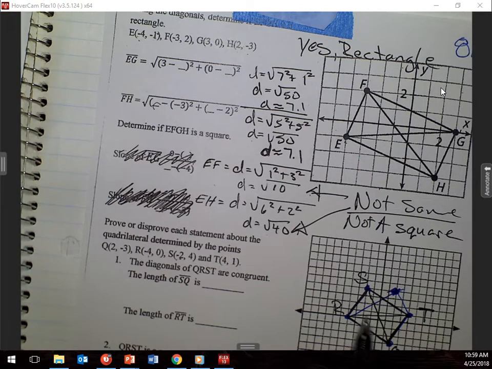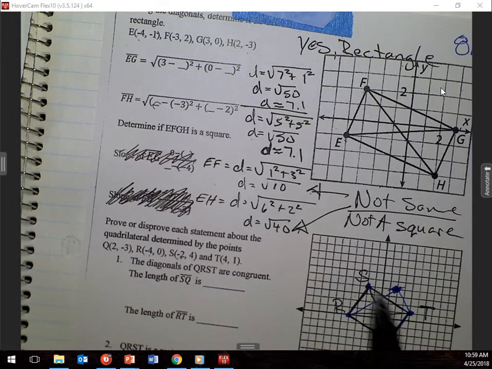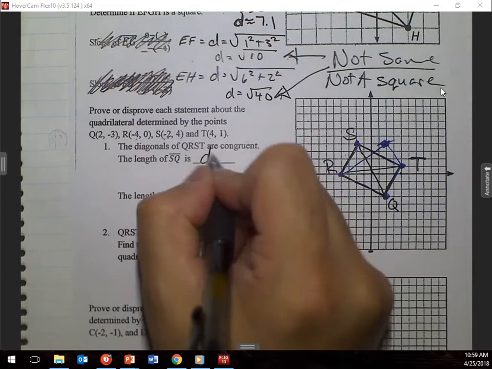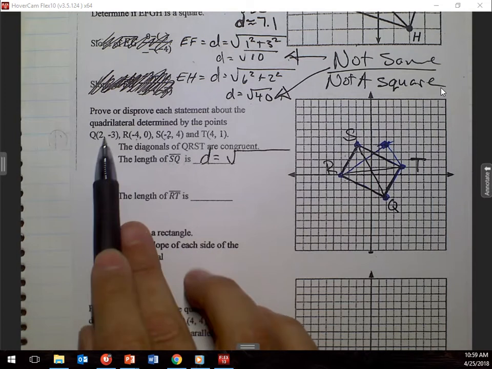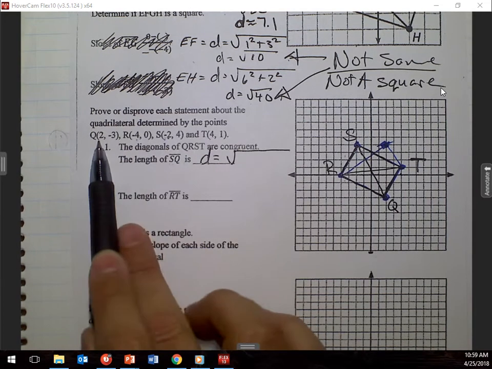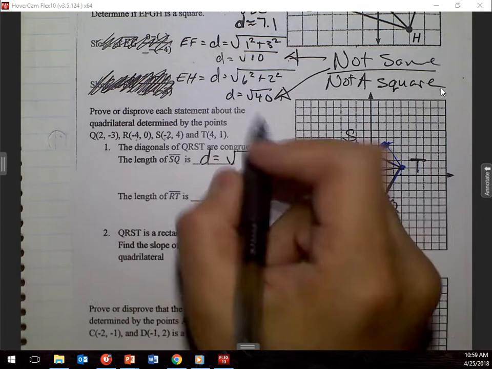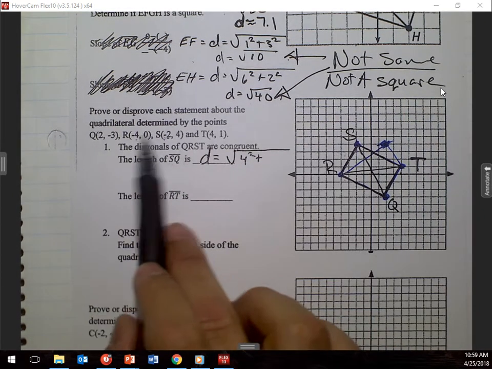So SQ, from S to Q. D is equal to the square root of, now we're doing S to Q. Here's S and here's Q. What is my delta X? 4, very good. 4 squared plus, what is my delta Y? 7.